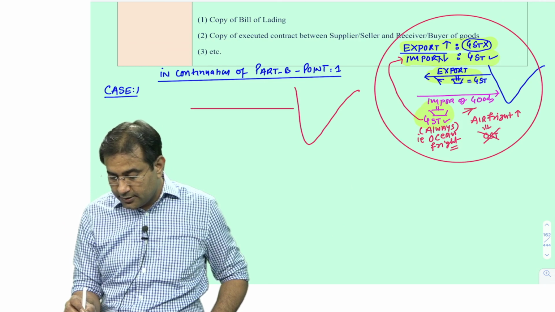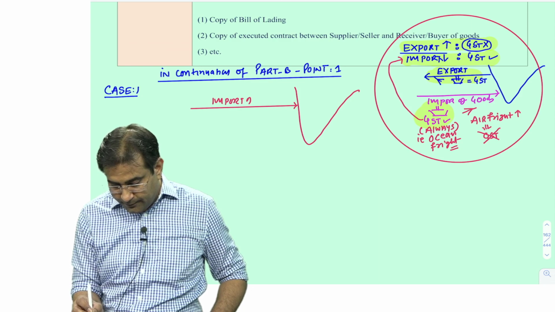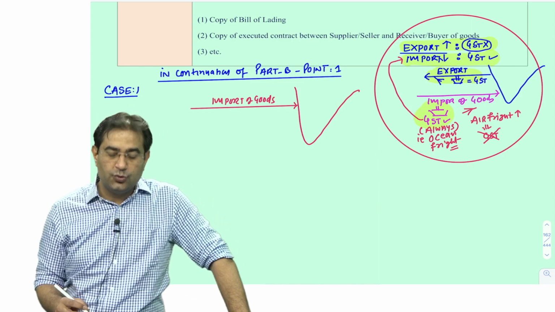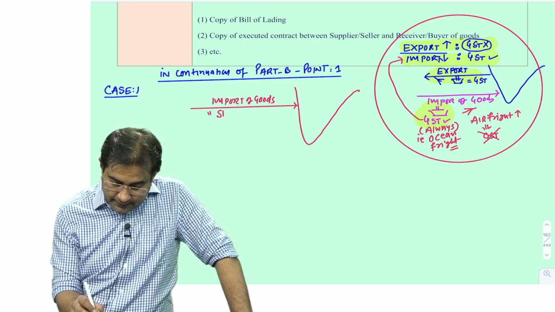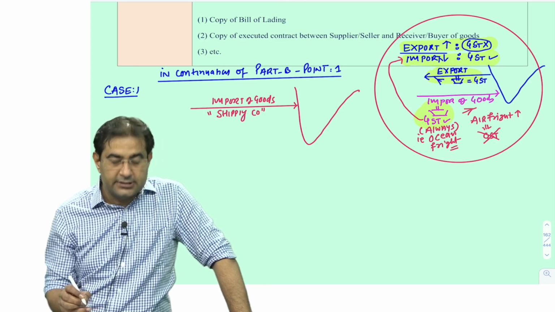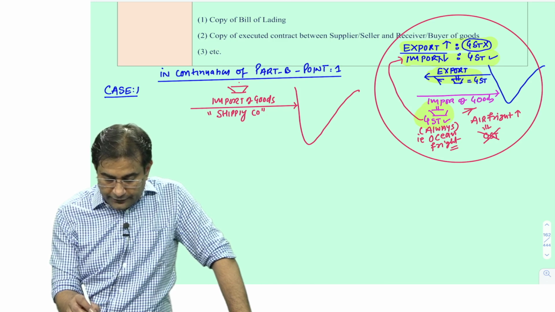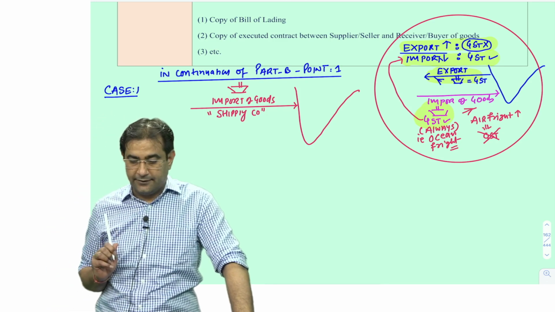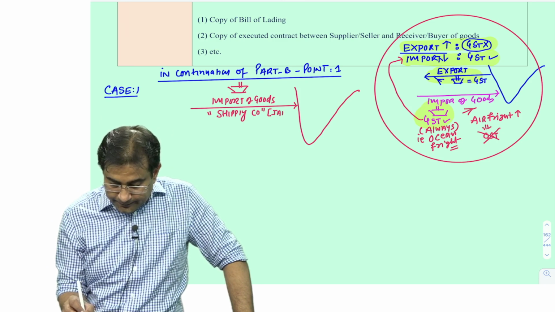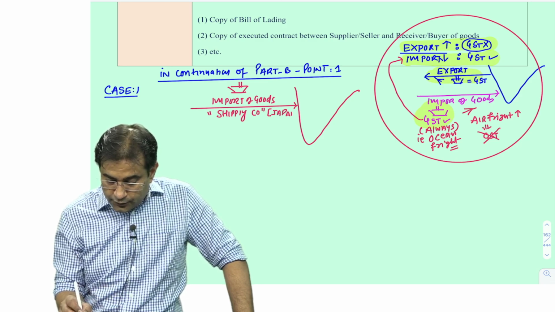Suppose we are importing goods. Here is the import of goods, and the shipping company belongs to a non-taxable territory. The shipping company provides transportation services, and I am importing through a vessel. I am not talking about aircraft. Suppose the transportation company belongs to Japan.